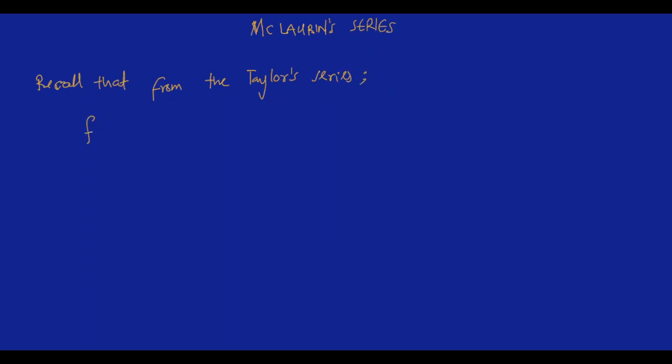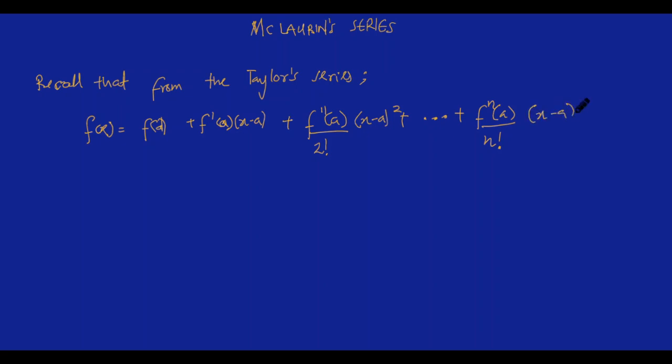we have that f of x is f of a plus f prime of a multiplied by x minus a plus second derivative of a divided by 2 factorial multiplied by x minus a squared plus, and get to the nth derivative divided by n factorial multiplied by x minus a raised to the power of n plus the other terms.